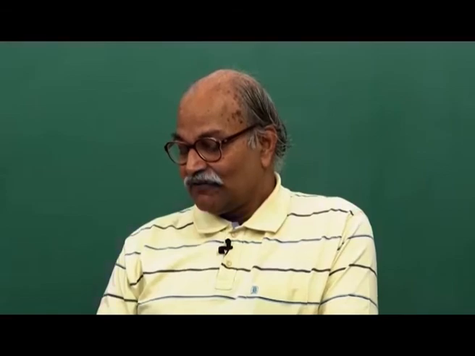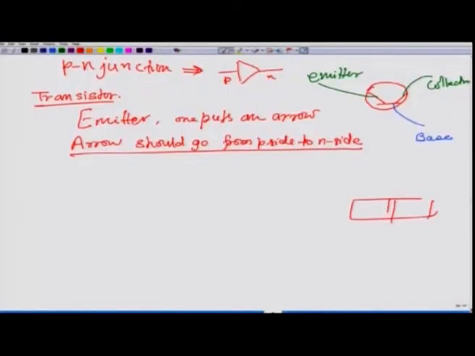If you forward bias the Pn junction, the current goes from P side to N side. Remember, if you have a Pn junction, you have depletion layer and all that, P side, N side, you have to forward bias. How do you connect the battery? You connect the positive of the battery to the P side and negative of the battery to the N side. This is forward biasing.